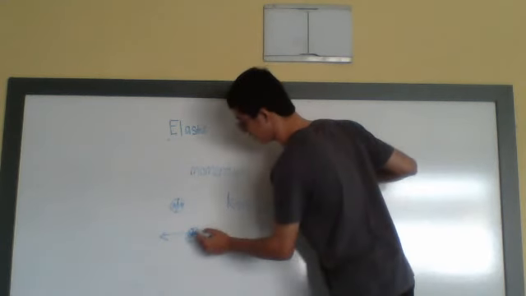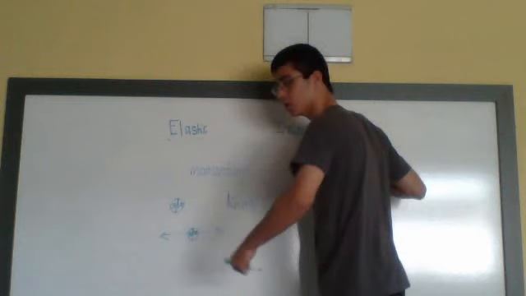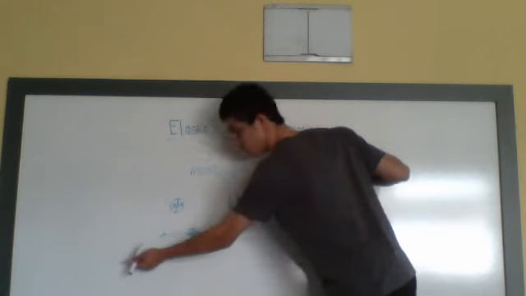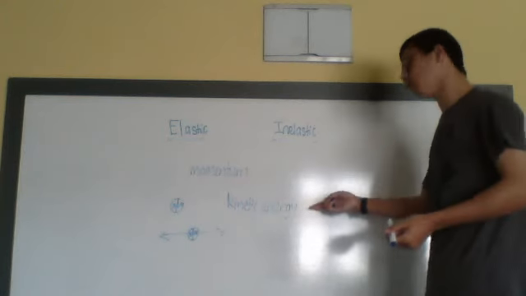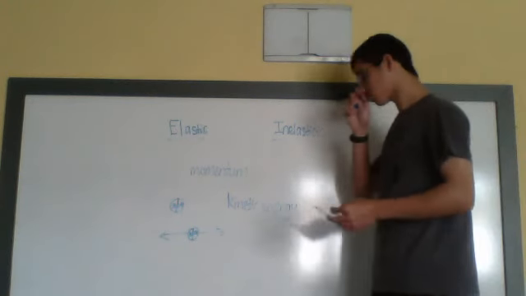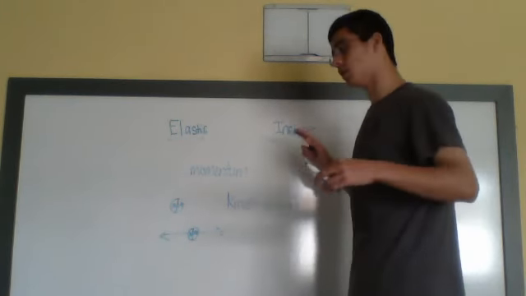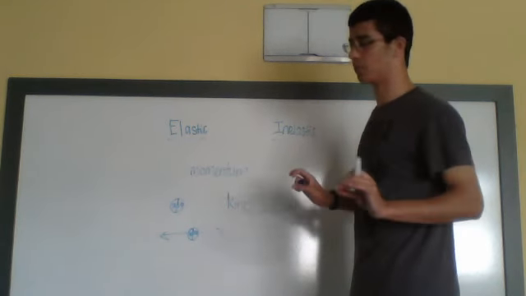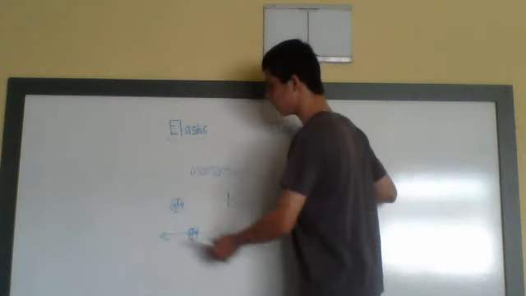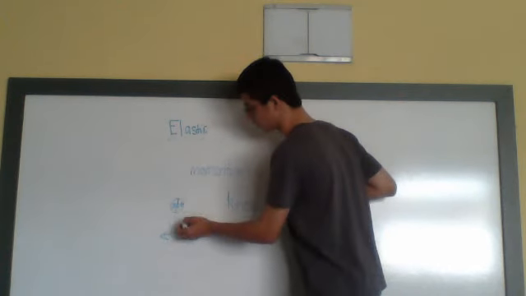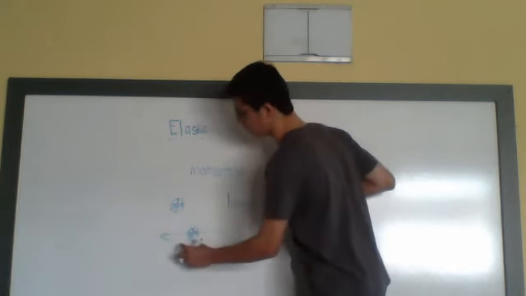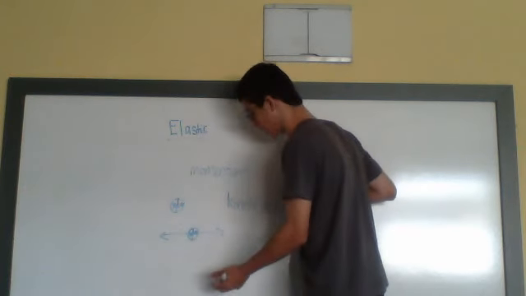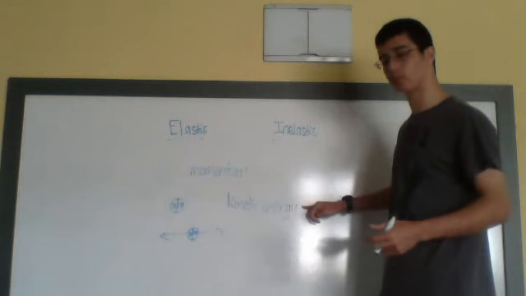So the momentum of this half in this direction is the same as the momentum of this half traveling in this direction. But what about kinetic energy? Since the kinetic energy of the ball is not 0 after explosion, that kinetic energy is not conserved.